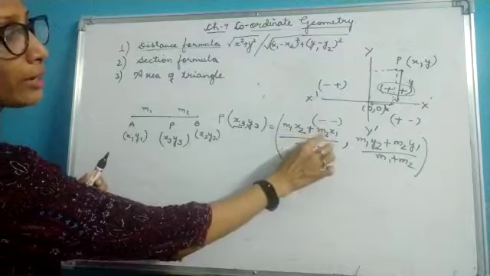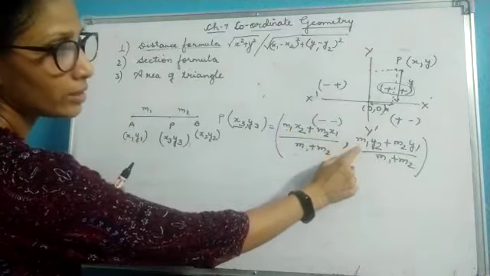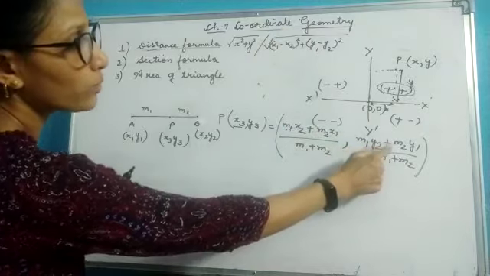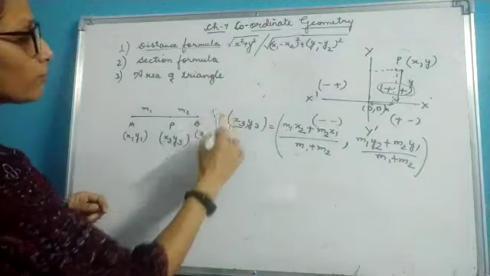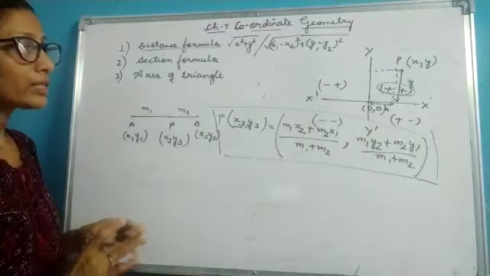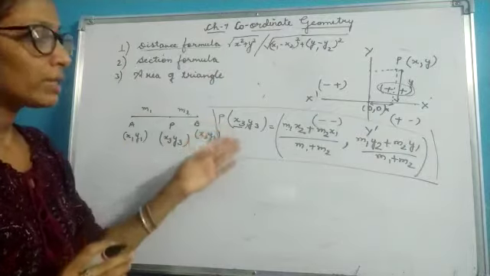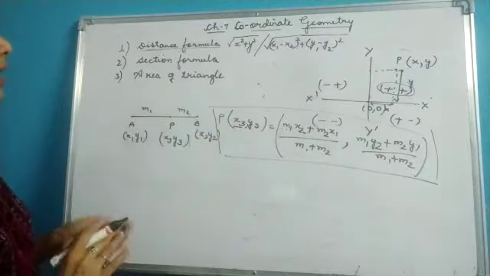M1 x2 plus M2 x1 upon sum of the ratio. This is y coordinate, so M1 y2 plus M2 y1 upon M1 plus M2. So this is the formula which is known as section formula, and yes, in boards you are getting questions based on section formula. Now you come to area of triangle.